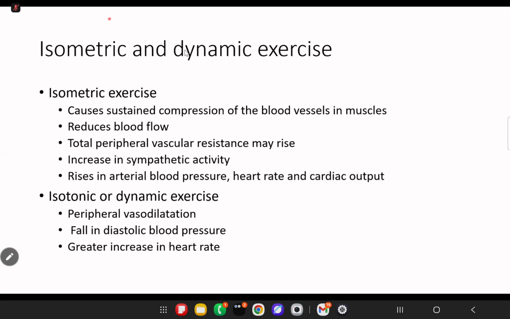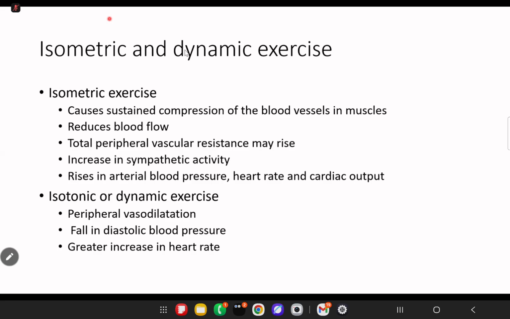Sorry about that. Isometric exercises cause sustained compression of blood vessels in muscles. Therefore, there is reduction in blood flow with increasing total peripheral vascular resistance. There's increased sympathetic activity, and therefore there is increased blood pressure, increased heart rate, and increased cardiac output.